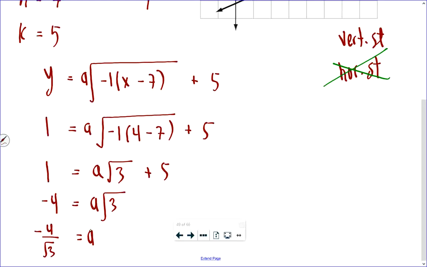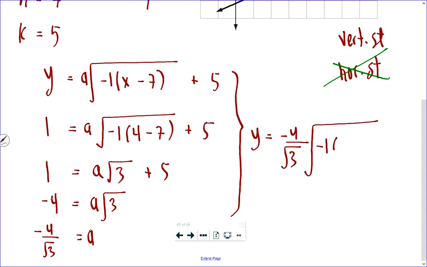So here is Betty's equation. y is equal to negative 4 over root 3 square root negative 1 x minus 7 plus 5. All right? Betty's answer.